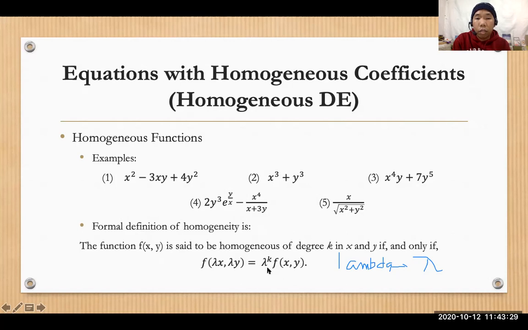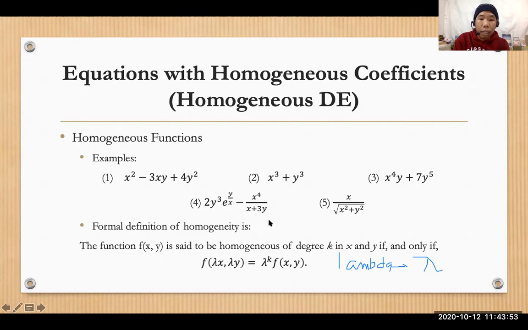If, for instance, you can't factor out the lambda, or you can still see lambda in the given function, then that equation is not homogeneous. Clear? Again, the first three examples here are very obvious homogeneous functions because you can see the degree in each term.